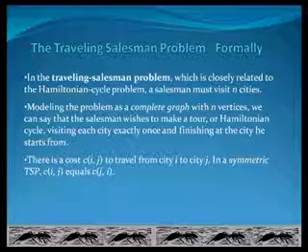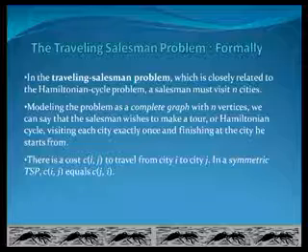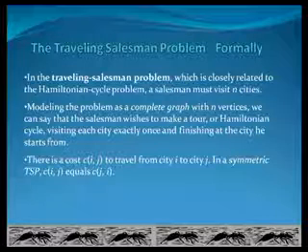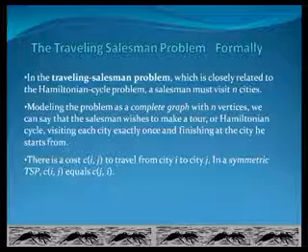There is a cost C(i,j) to travel from city i to city j. In a symmetric TSP, C(i,j) equals C(j,i).